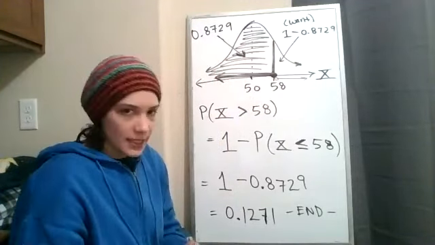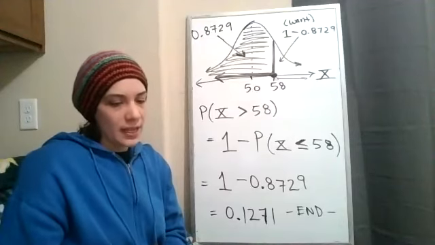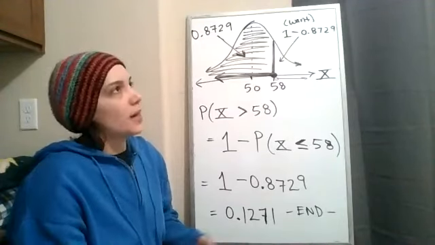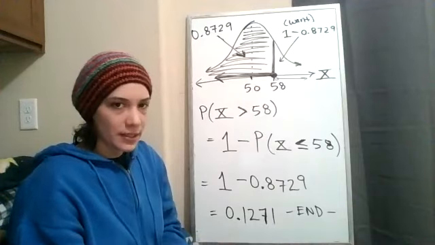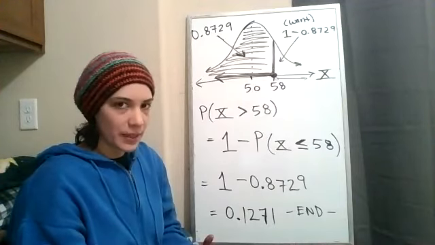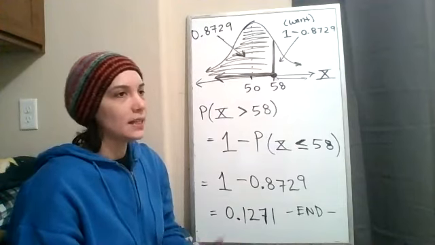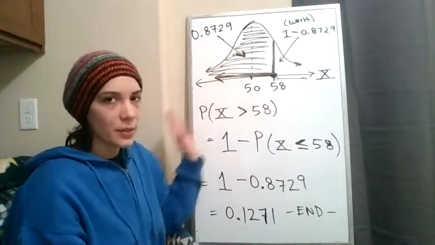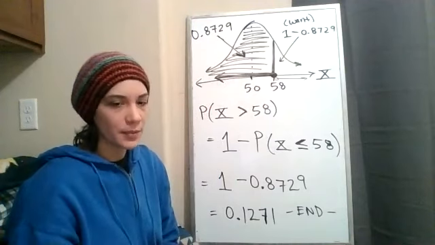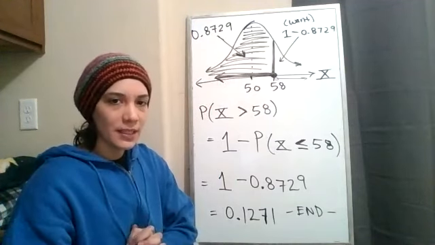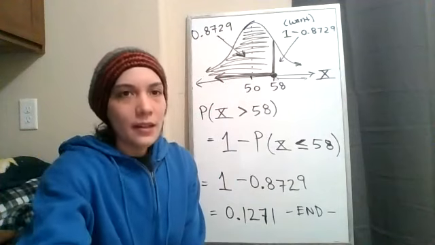So next time I want to introduce problems that have things like heights or speeds or other experiments that have normal distributions, and then use these ideas to find probabilities for those experiments. And that will be the end of the chapter.